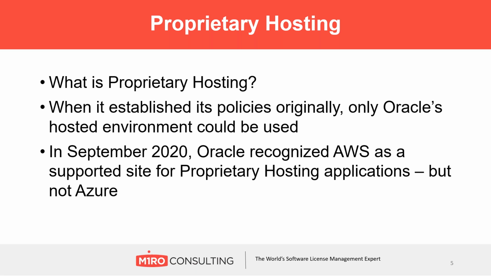Just recently, within the past couple of months, Oracle has now started to allow somebody with proprietary hosting licenses that have been negotiated, that they may have been using on premise, that they can BYOL them onto the AWS cloud platform. And when they do that, they just have to follow the licensing rules in regards to how you apply those licenses within that environment. But you're able to basically now run your proprietary hosting applications from AWS. They had not allowed that before.